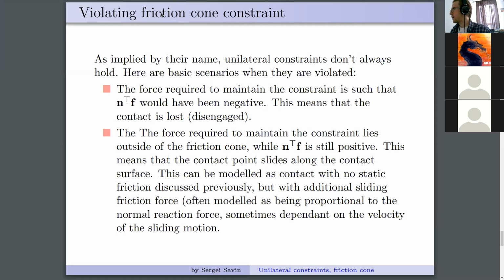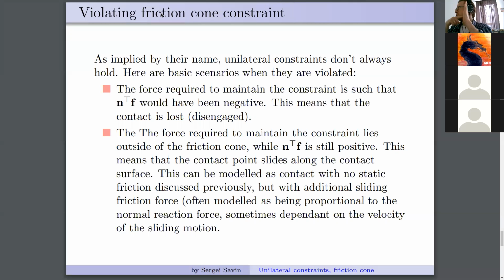Even though you don't have static friction, you can have a sliding friction force, which is often modeled as the normal reaction force times a friction coefficient, maybe a different one, times the direction of the velocity with a negative sign.